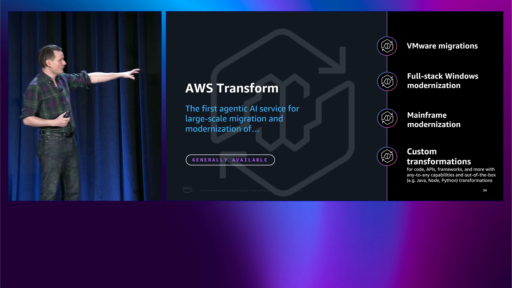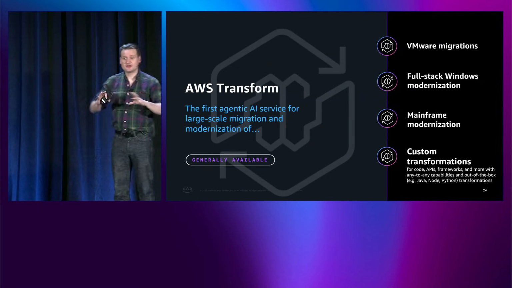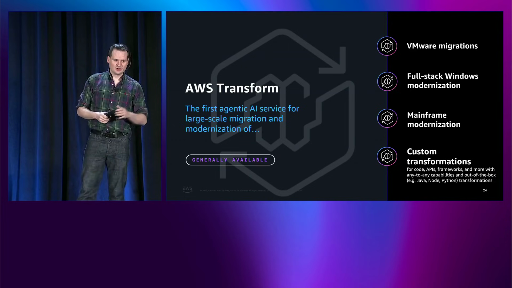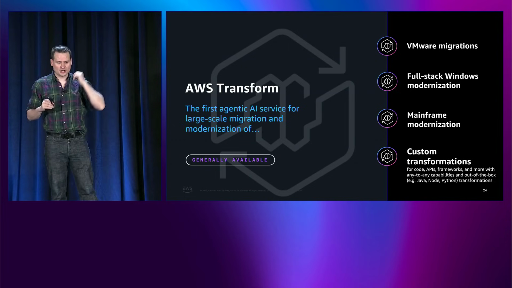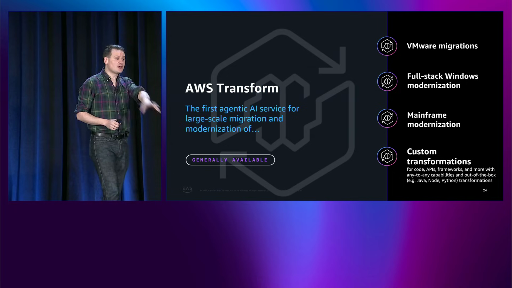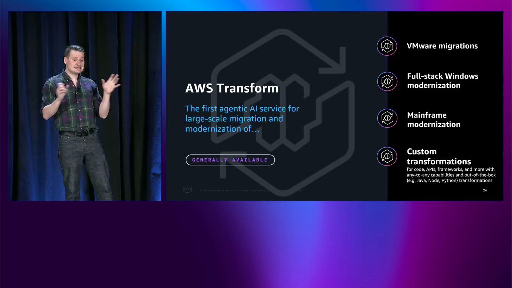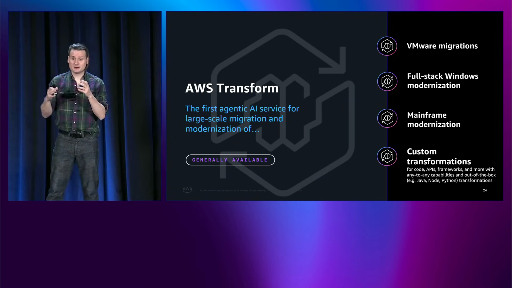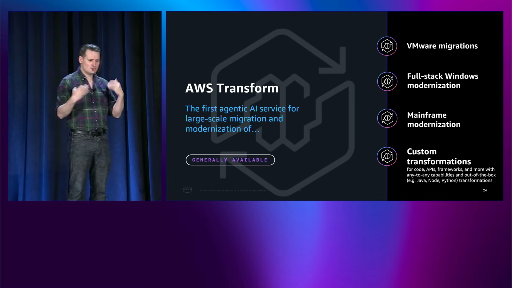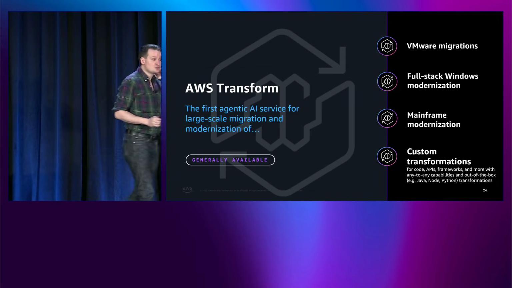So AWS Transform is an agentic AI service that encompasses a wide number of capabilities. So it includes migrations, which is going to be the thrust of what I'm going to be talking about, but it also includes full-stack Windows modernization, so being able to transform Windows, .NET, and SQL Server applications, mainframe modernization, so decomposing COBOL applications and moving it to Java, and then also, launched yesterday, is custom transformations.